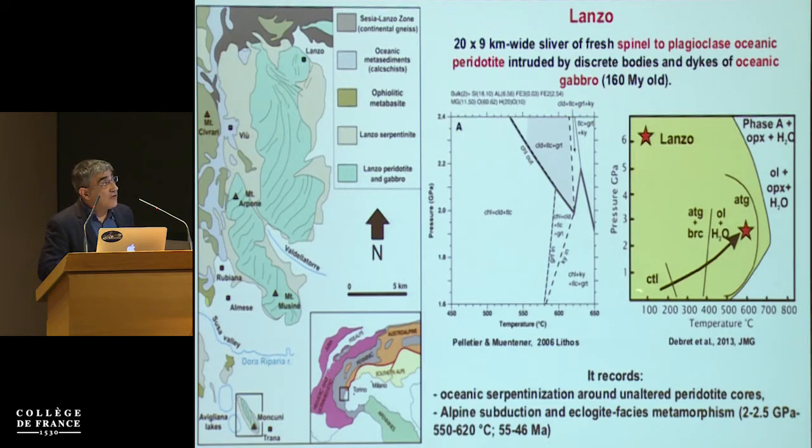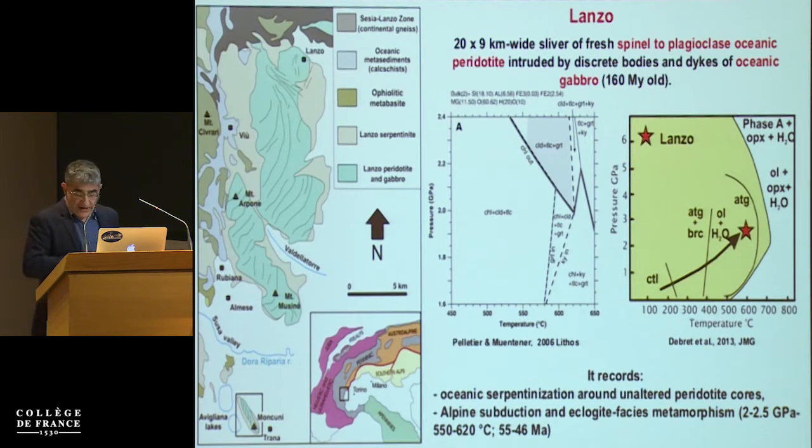Then during subduction, the chrysotile or lizardite are overgrown by higher temperature and pressure antigorite serpentine, and then at high pressure conditions, we have formation of high-pressure metamorphic olivine, I mean, 2.5 GPa and 550, 600 degrees. And at the same time, the associated gabbro transformed into eclogitic metagabbros, at the same time and conditions. So this is what we know from the literature.